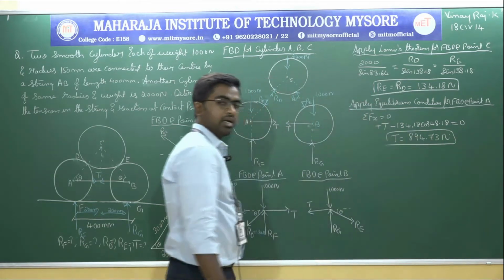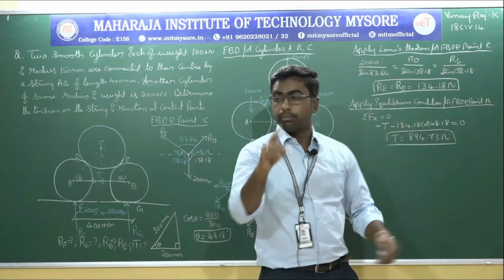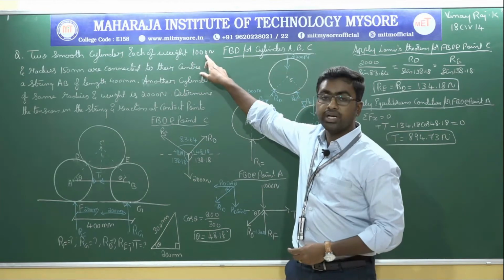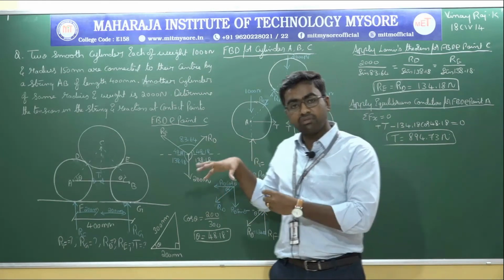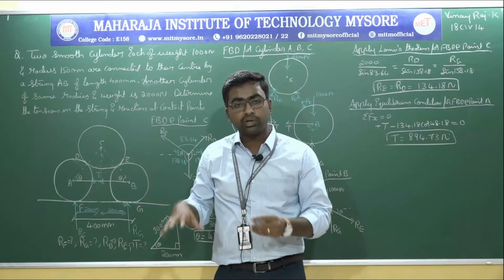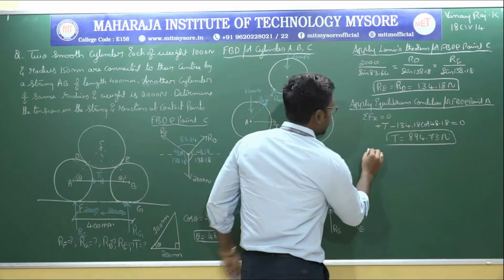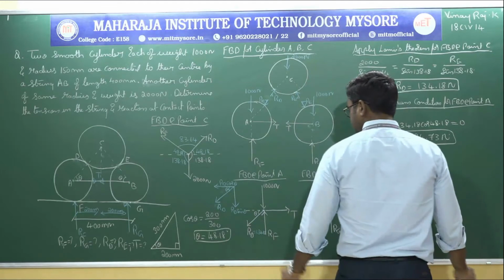That's it. You need to mention the unit, that is Newton here, because in the question the unit is Newton. So for the entire problem, for each and every force, weight and reaction, you need to mention the same unit, right? Now let me apply another condition, that is summation Fy is equal to 0.